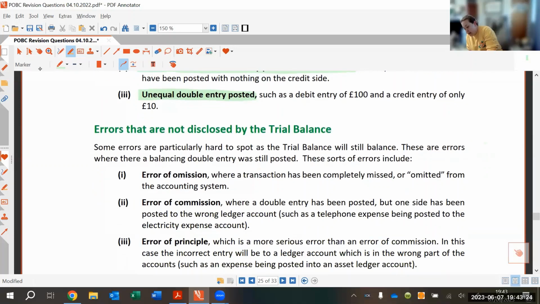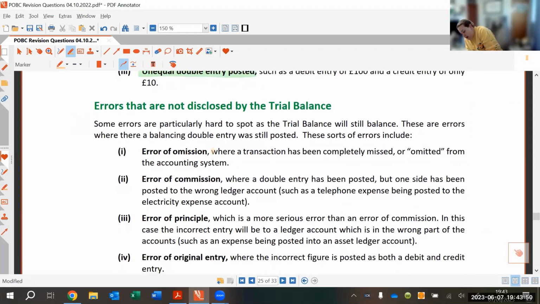The other category, and there's more errors here, have names that might not necessarily seem obvious at first for some of them. These are the errors where the trial balance will not show it. Your trial balance will still balance even with these errors in there, which is more problematic because you've really got to go through with a fine-tooth comb and find where the problem is.